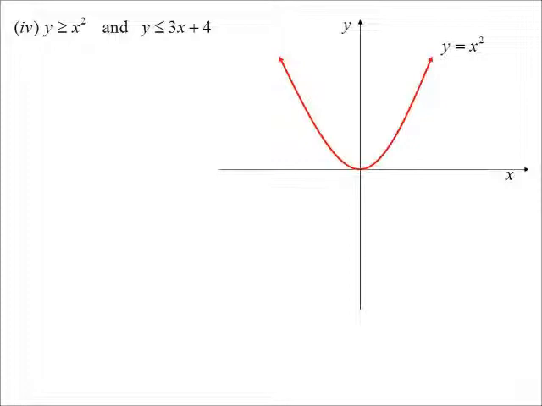Now, I can't test 0, 0, because 0, 0 is on my parabola. So I have to pick a point which I know for sure is either inside or outside the parabola. So don't make it hard for yourself. You might say, oh, I'll pick the point 2, 7. But where is that in our graph? I'm not quite sure whether that's inside or outside the parabola.